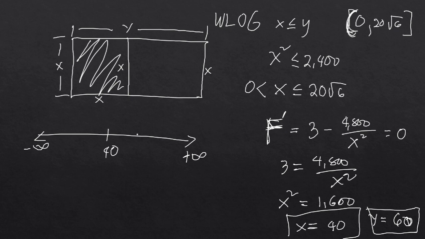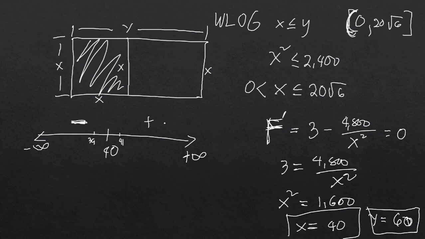If you get one testing point here, say 41, and substitute it here, it will give us a positive value. Yes, it's positive. And if you get a testing point, say 39, it will give us a negative value.